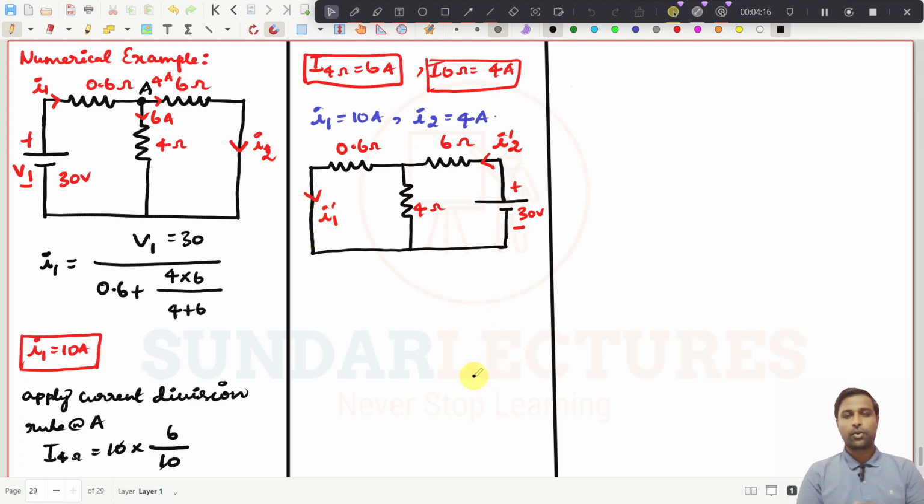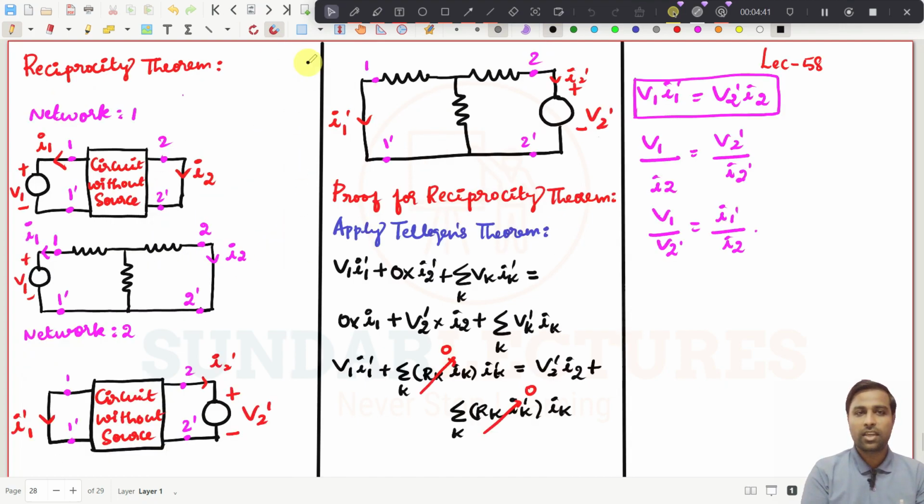So now you just try to apply the reciprocity theorem here. Because you see all the networks are the same, right? Both topologies are the same and these resistances are the same, and you know the voltage and current here. If you want to know the voltage and current here, then you can apply the reciprocity theorem. What is the reciprocity theorem?